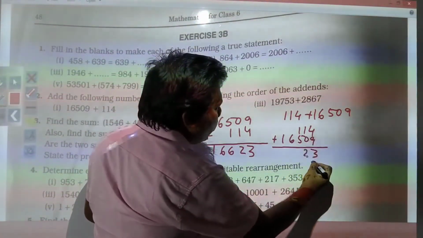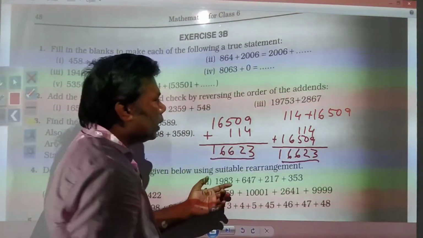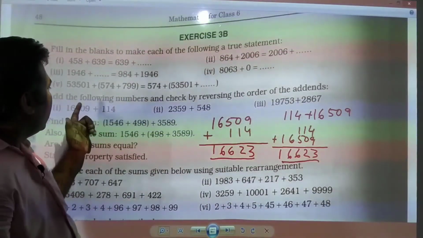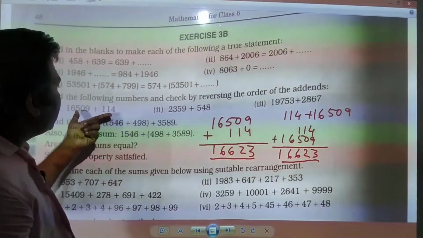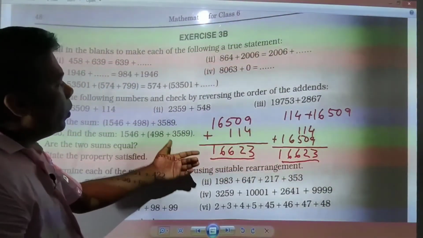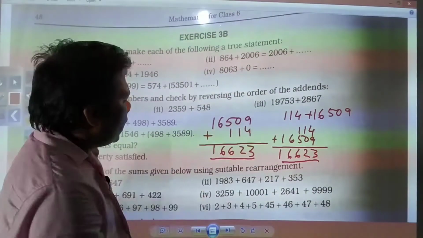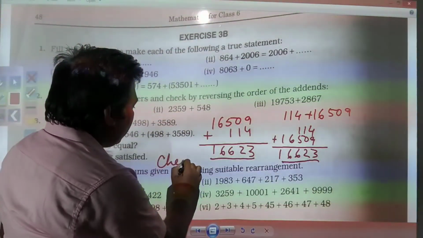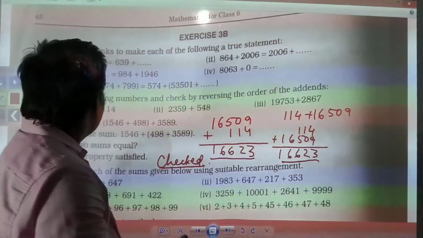Here you have 2, 6, 6, 1. So you get the same sum. Whether you write a plus b or b plus a, if you reverse the addends, the same sum you will get. That is what you had to check. So after writing this, you will write checked or verified.